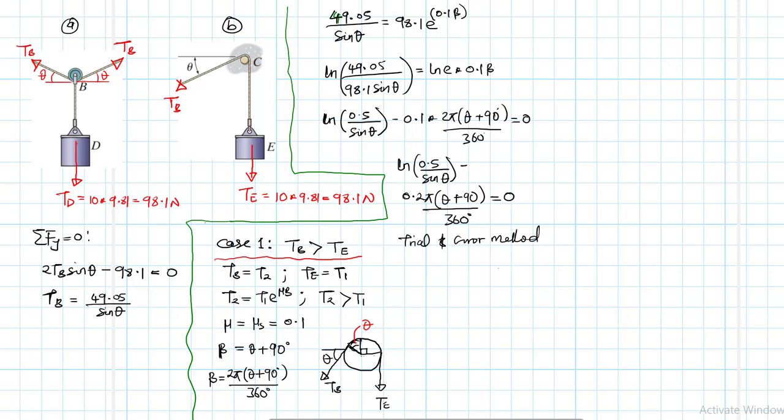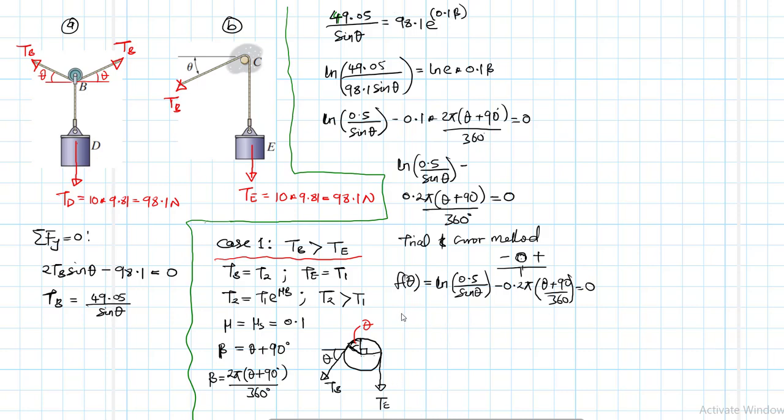Okay, so I'm using a number line, there are 0, plus, minus, and plus. So I'm trying to move closer to 0. So I want to write this as a function of theta. So the function of theta is equal to ln 0.5 divided by sine theta minus 0.2 pi theta plus 90 divided by 360 equal to 0.